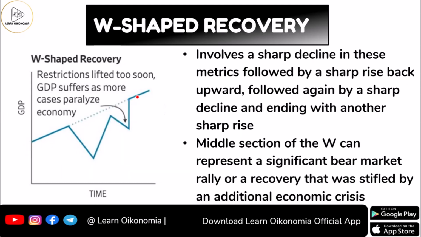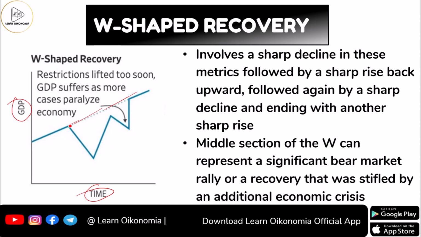Having said so, let's consider the W-shaped recovery. Again, we can measure time along the x-axis and GDP along the y-axis. Here you will be having so many problems. Again, this would be the normal steady state of growth path. And in the case of W-shaped recovery, there would be a sharp decline.